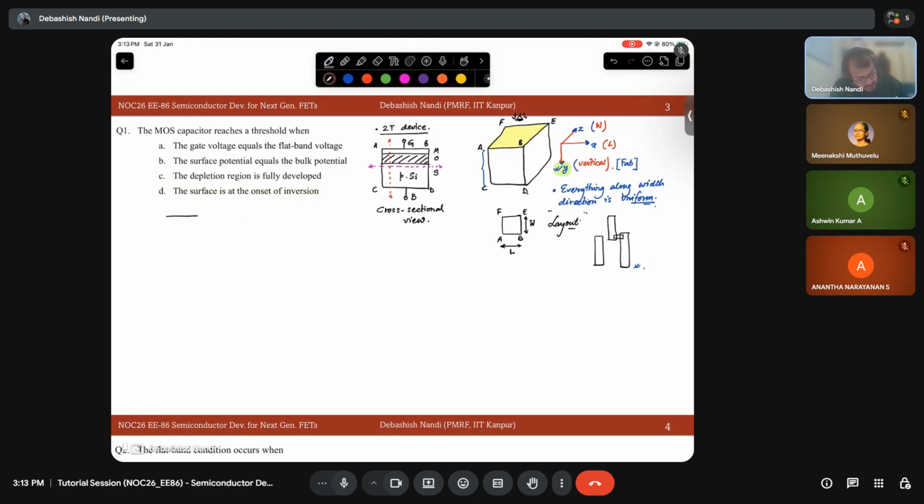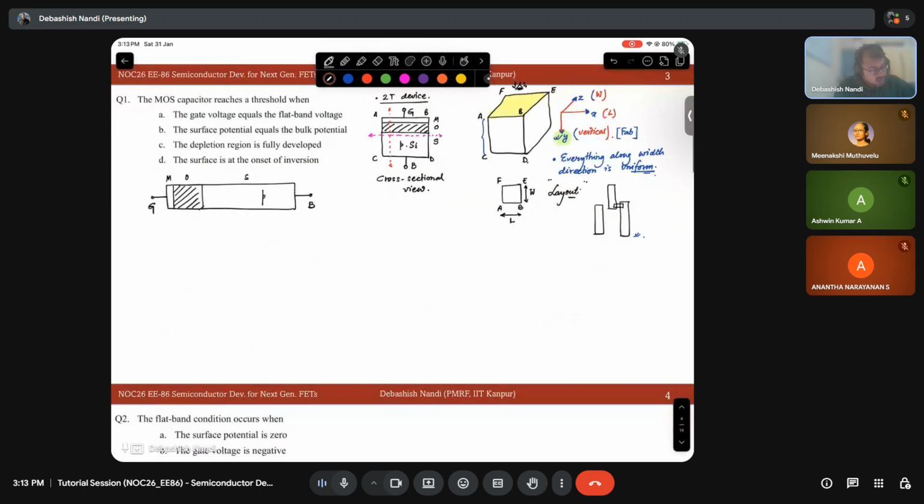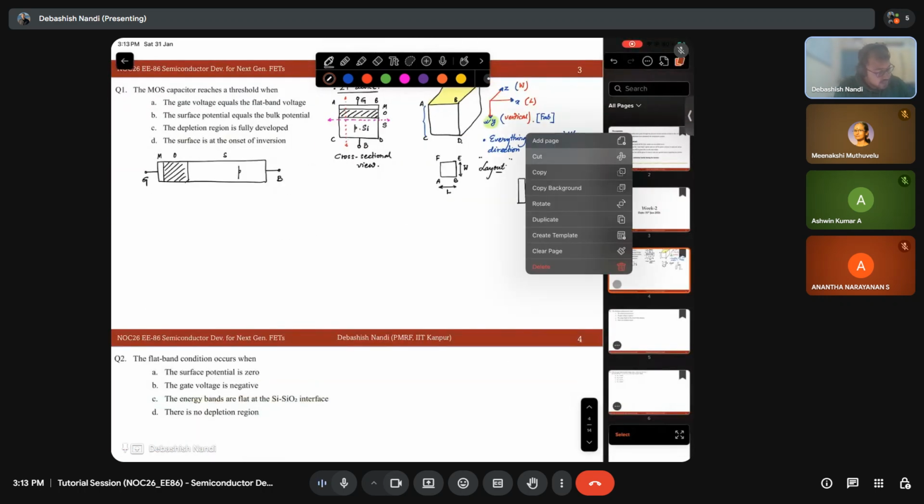So as you know, generally we just flip the device and we draw the band diagram in this fashion, in this way, right? This is, let's say, the gate terminal. This is your body terminal. Let's say this is P type. So I will draw a couple of lines.